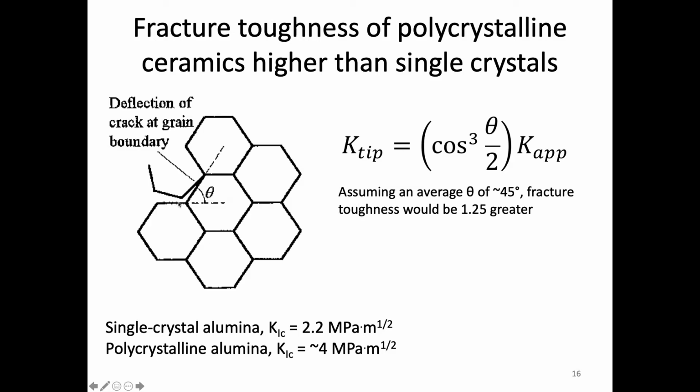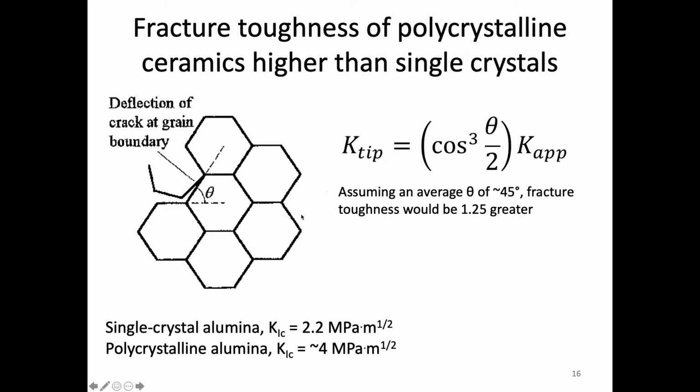Well, if we want this crack to extend at this junction point, then it has to go by an angle theta up or an angle theta down, to go around this grain. So every time it encounters a grain boundary junction, it has to make a decision and go by a certain angle, and that change in direction costs some energy.